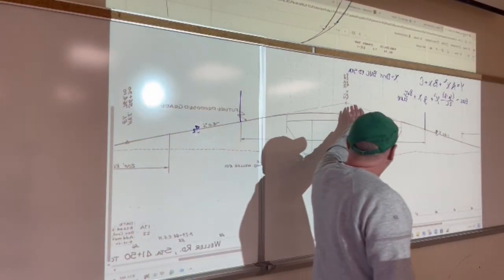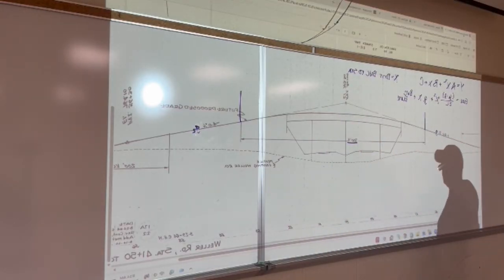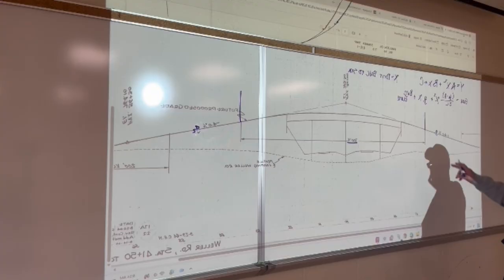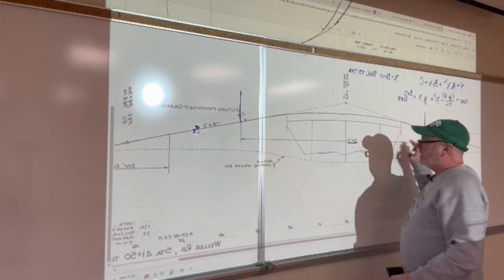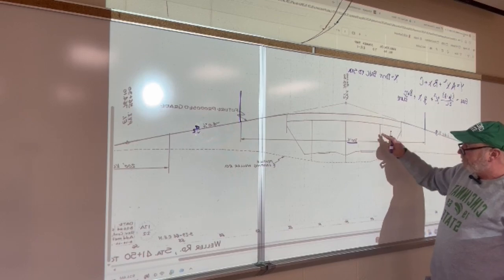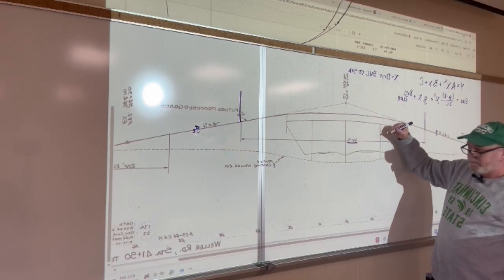So we have a PVI station of 50 plus 00. The entire vertical curve is 700 feet. Half of that would be 350 feet, right?